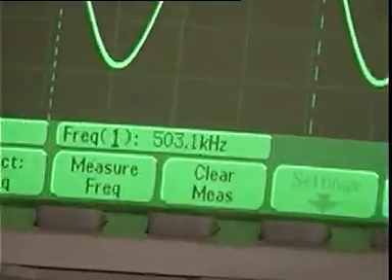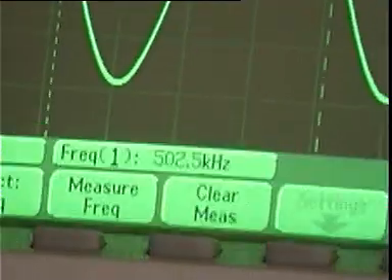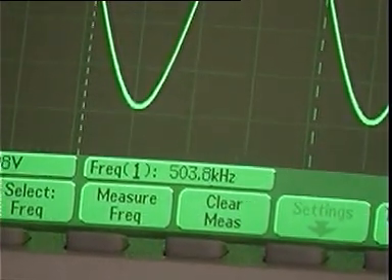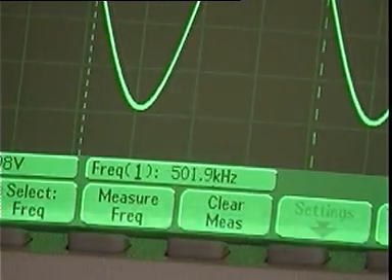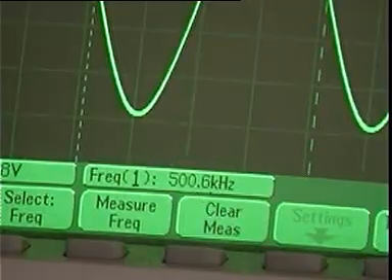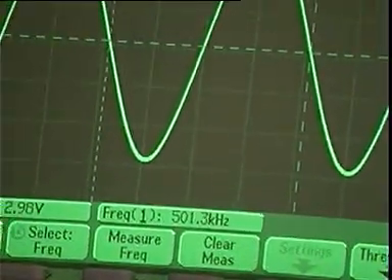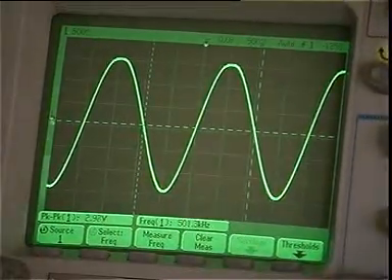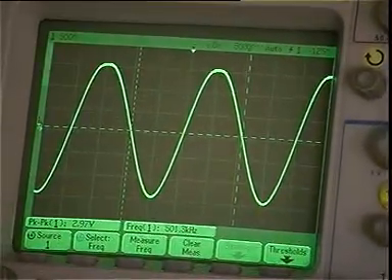I will adjust it to about 500 kHz. Yes, it's about 500 kHz carrier frequency. So you can note down: message signal frequency is 2 kHz, the carrier frequency is 500 kHz.